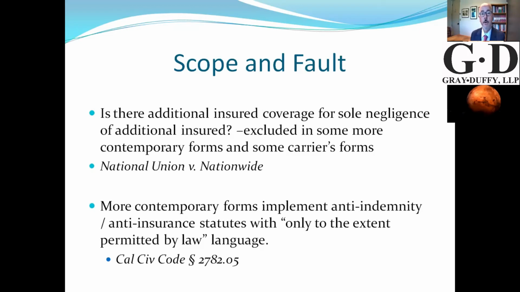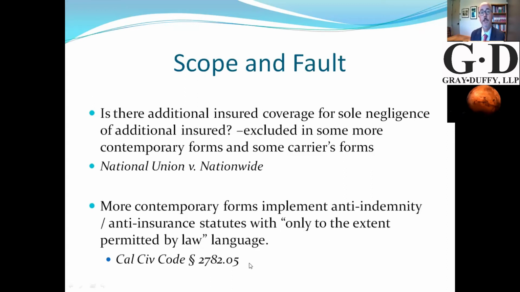More contemporary ISO forms implement anti-indemnity, anti-insurance statute language, with language such as "coverage is provided only to the extent permitted by law." So you find that in, I think, the December 2013 and the December 2019 versions of the ISO additional insured endorsements.